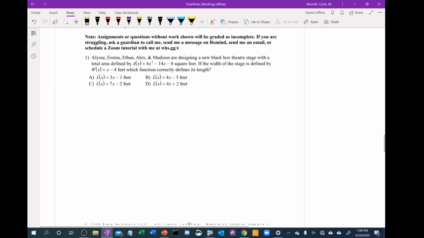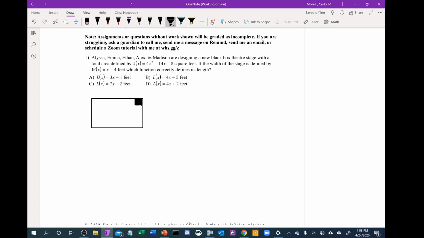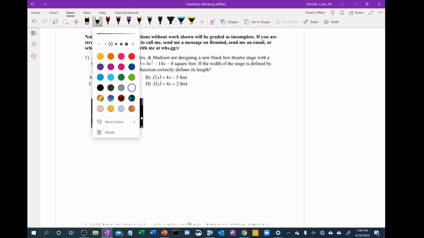Once again, we draw a shape. This is a black box theater stage, just another way of saying a rectangle. And here we'll do something fun. We'll go ahead and shade this in black. And we'll use a white ink color to write things inside of it.